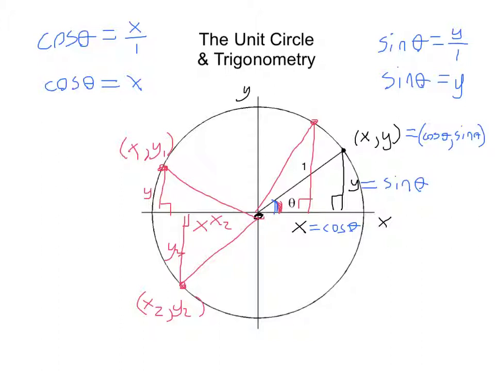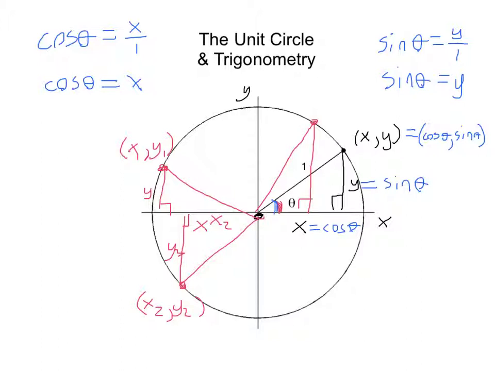Now, there's a little caveat there that if we're drawing right triangles, we're dealing with just distances or lengths of the sides of the right triangle, and the points x comma y will actually possibly be negative x, like negative 2, instead of just a length of 2. So we'll deal with the positives and negatives later.